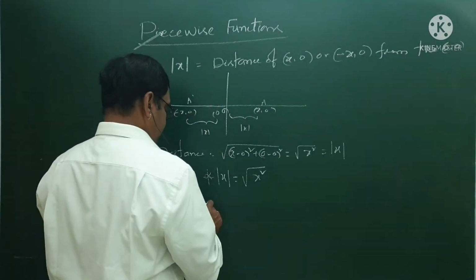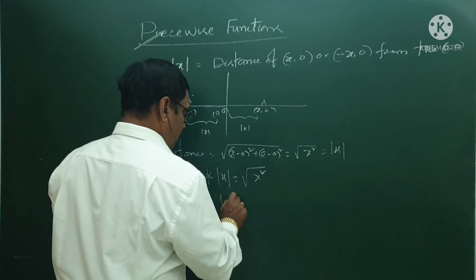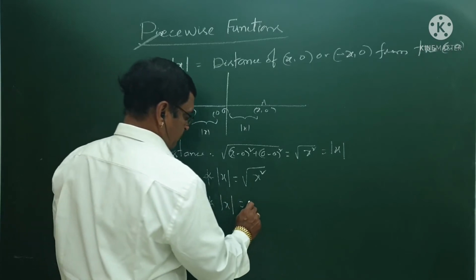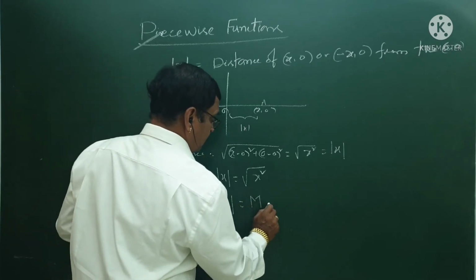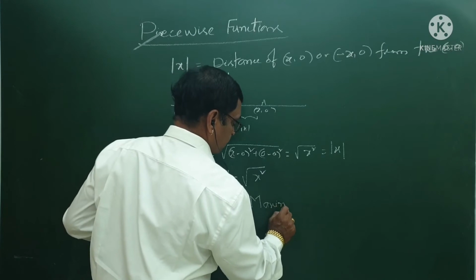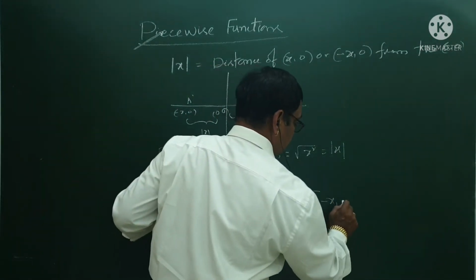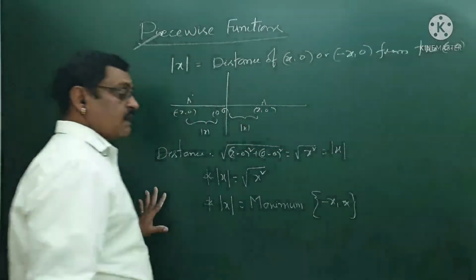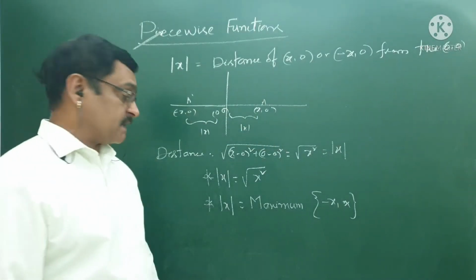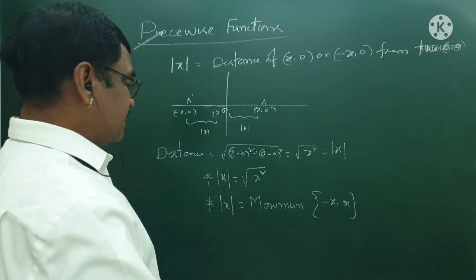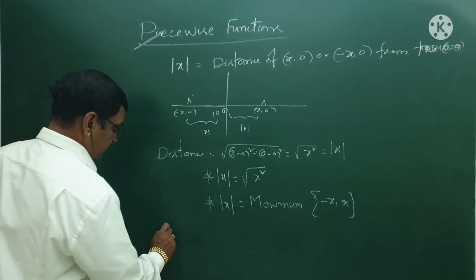Second thing is, we have one more way also. My mod x is equal to maximum of minus x comma x. Okay, let us find some values. For example, I want to find f of minus 2.